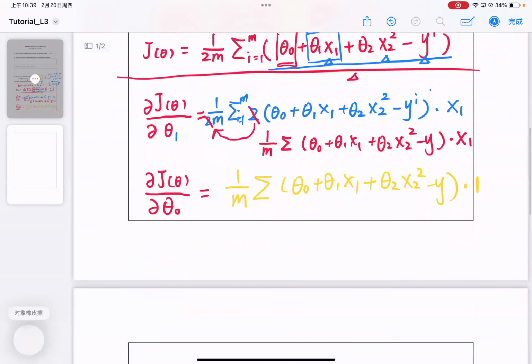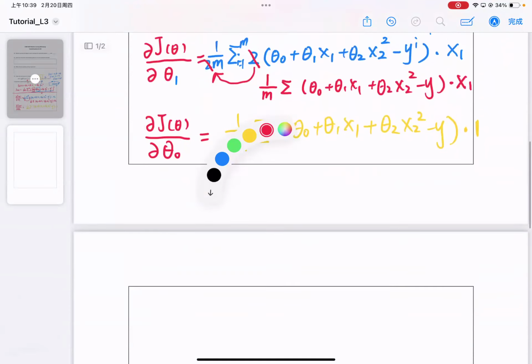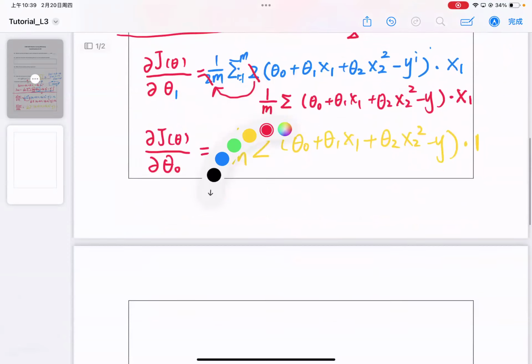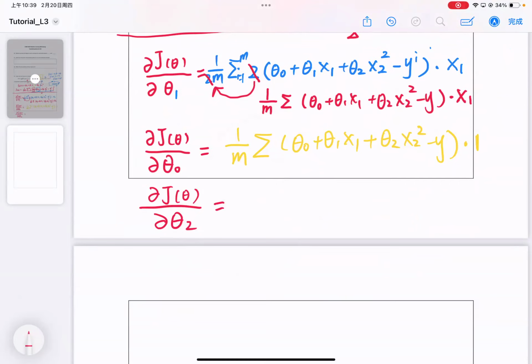It is easy to understand, and the same thing applies to the next one, theta 2, right? The partial derivative of theta 2 is equal to 1/m, theta 0, theta 1 x1, theta 2 x2, minus y.